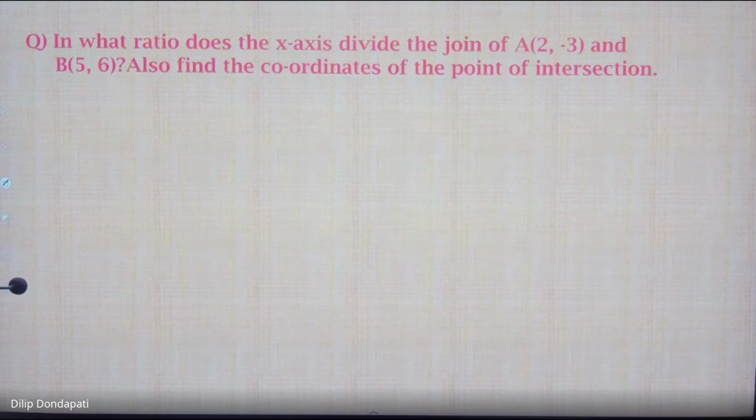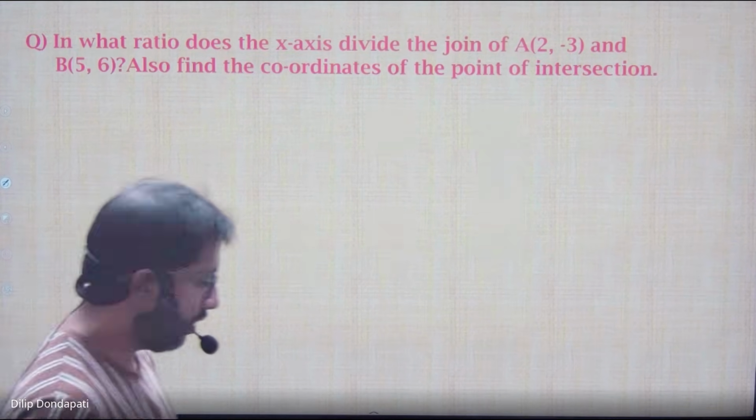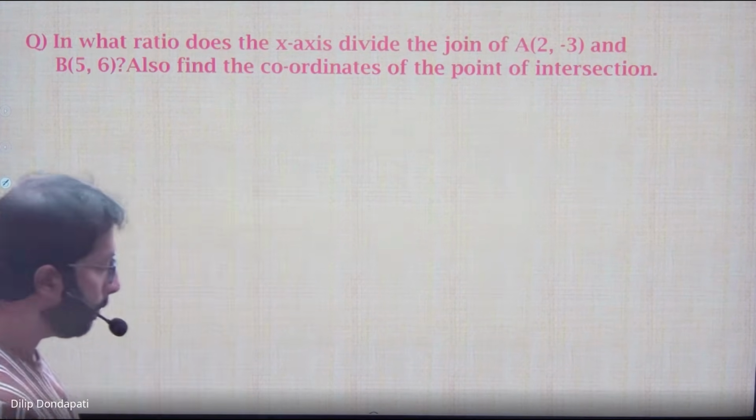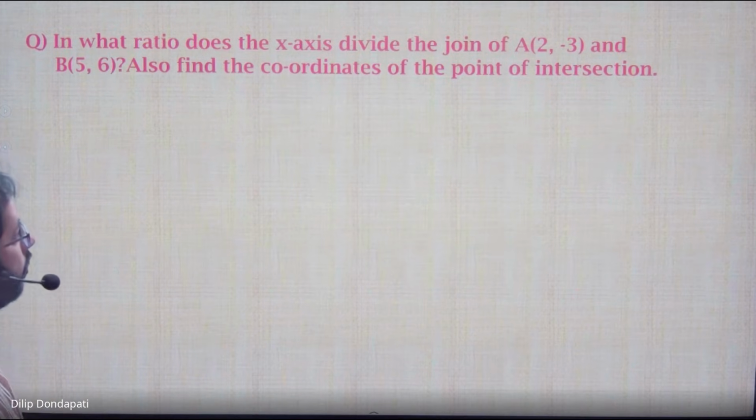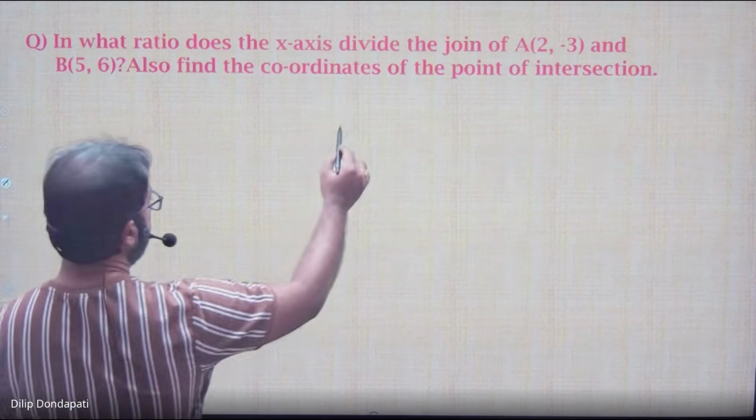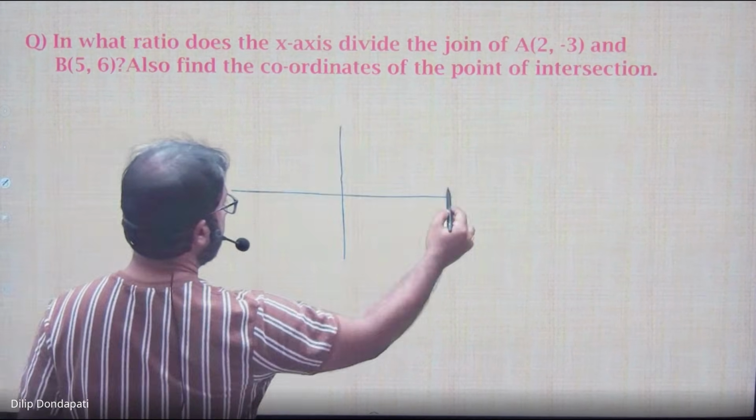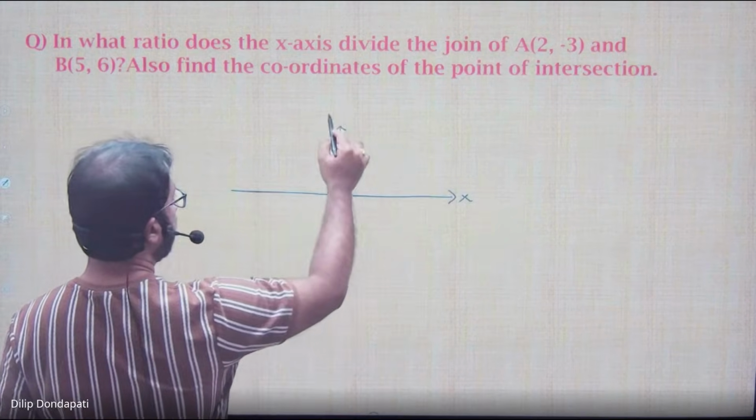In what ratio does the x-axis divide the join of these two points, and also find the coordinates of the point of intersection? See what it is saying. This is the x-axis, this is the y-axis, right?